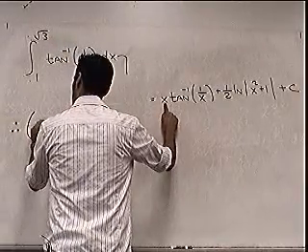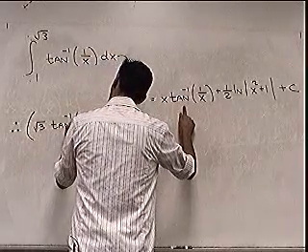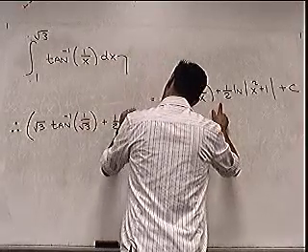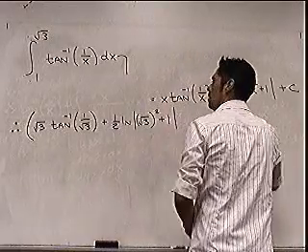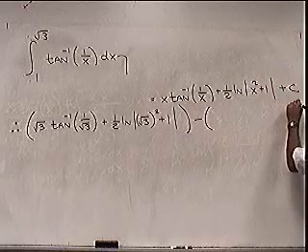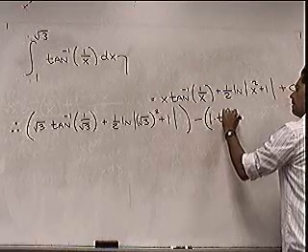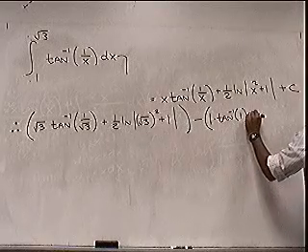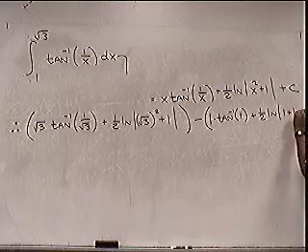So I've got root 3 arctangent of 1 over root 3 plus 1/2 natural log of root 3 squared plus 1, and then minus, we get to plug in 1 now. 1 times arctangent of 1 plus 1/2 natural log of 1 plus 1.